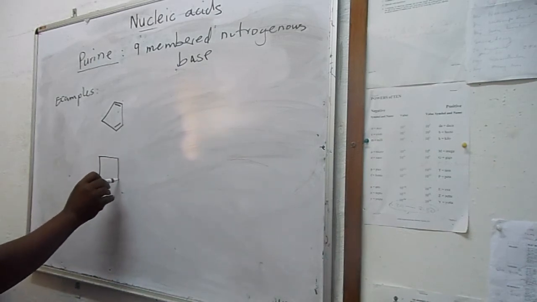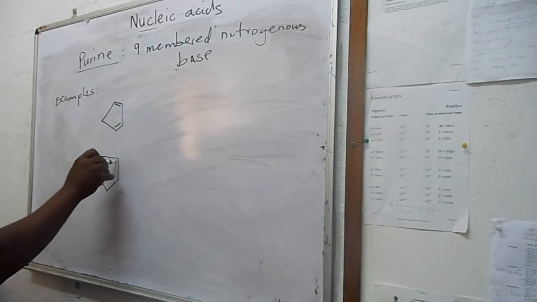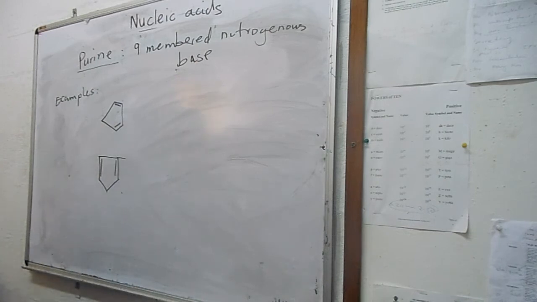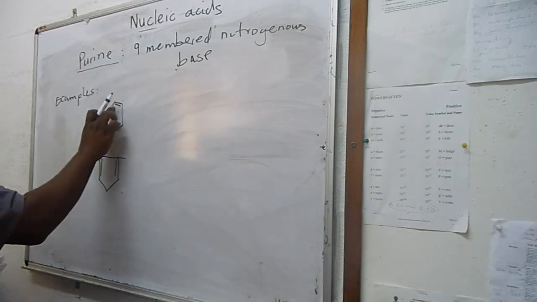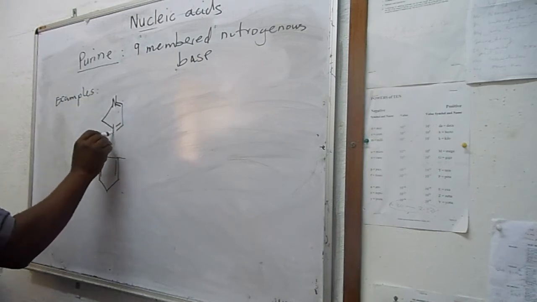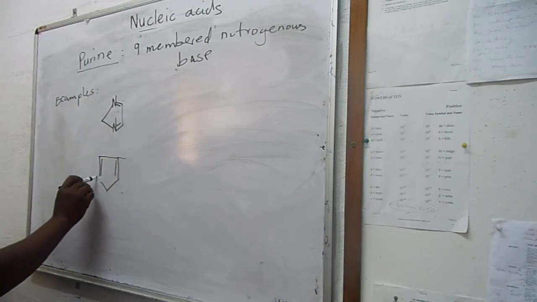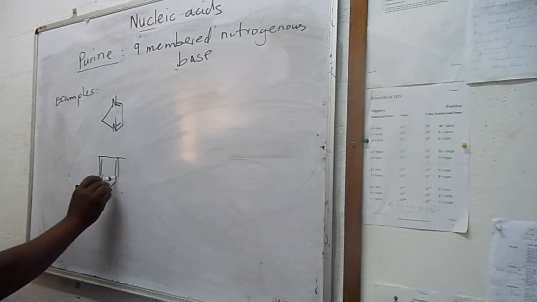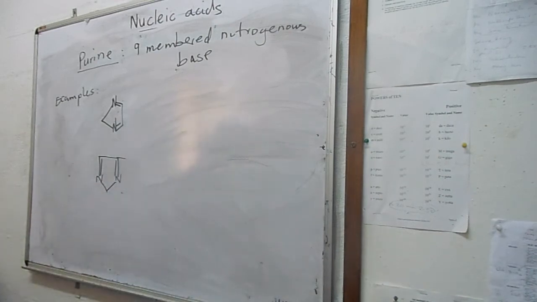You students, you get lost with orientation if I draw something like this. But of course, not forgetting that there is a nitrogen there, there's a nitrogen there. Just like there is a nitrogen here, there's a nitrogen here. What compound is this?